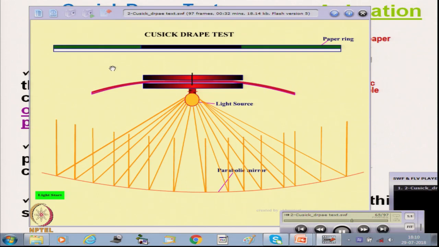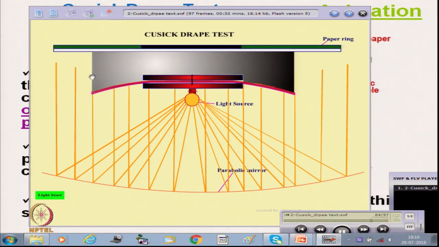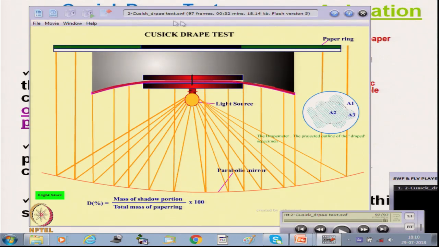As the light beams are exactly parallel, there is no divergence, so the shadow we are tracing here is the exact shadow of the fabric. We take the ratio of the masses, and we will get the drape coefficient. We can express it as a factor, or we can express it in terms of percent by multiplying by 100.